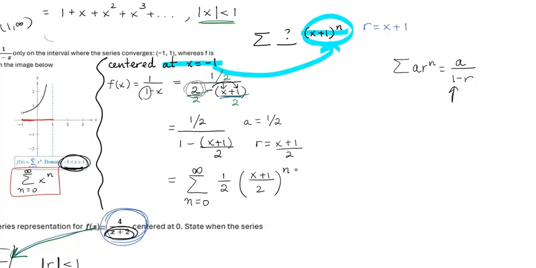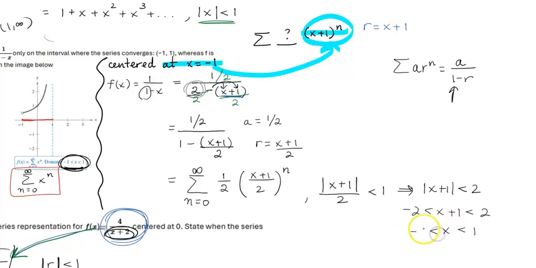And I do need to add in the condition that this sum only converges when the absolute value of r is less than 1, which does mean that the absolute value of x plus 1 must be less than 2. I'll quickly solve this inequality to get the interval of convergence.